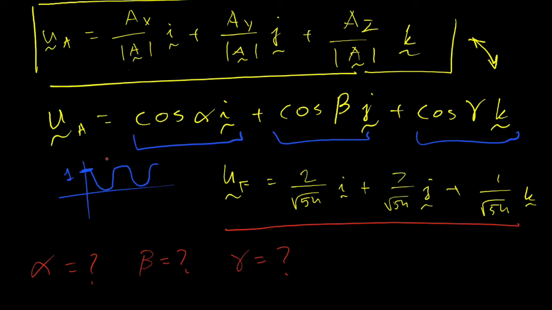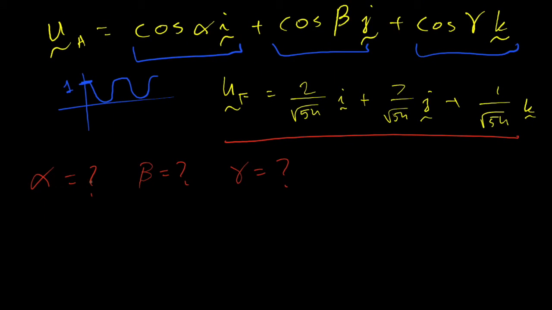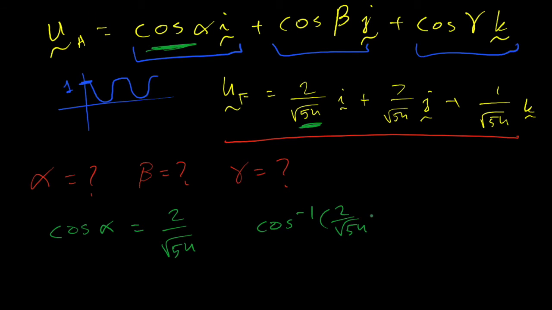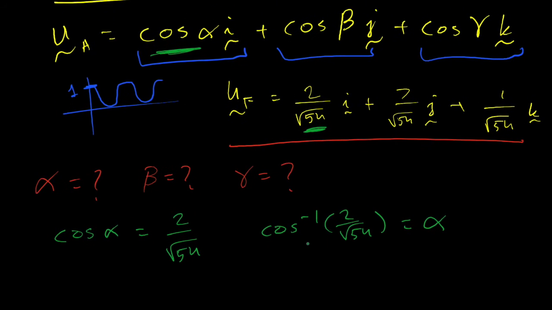And we can utilize that to figure out these angles, because we know that in the following expression, cosine alpha equals 2 over the square root of 54. What we can do to find alpha is to utilize the arc cosine function. The arc cosine function can be utilized to give us alpha. So let's do that for every angle that we have.